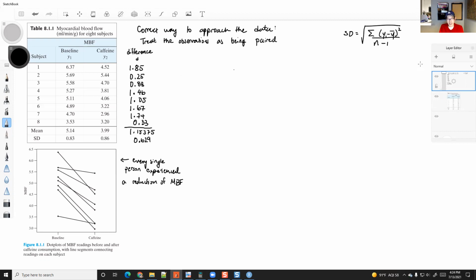All right. So we're going to treat these observations as being paired, and what that means is we calculate a column of differences. Okay, and then once we calculate this column, we can basically ignore the two original columns.